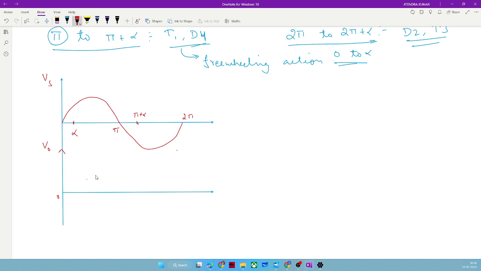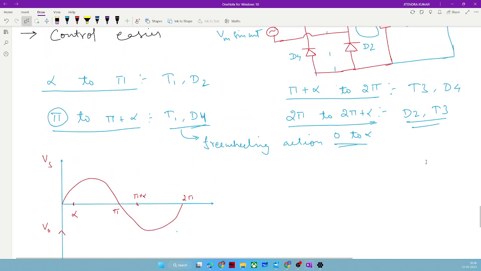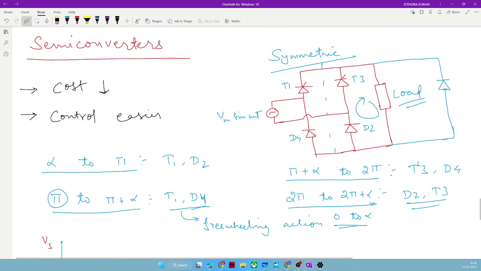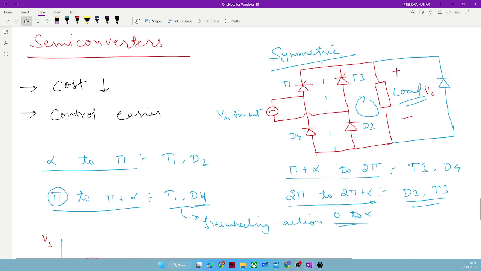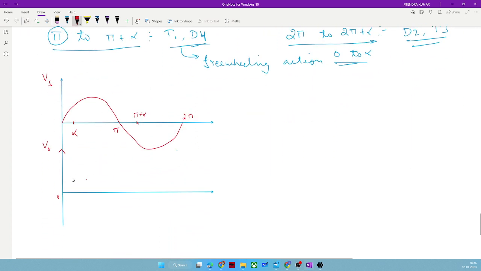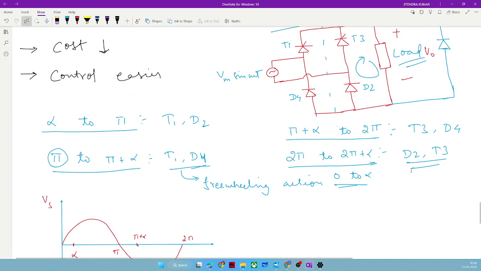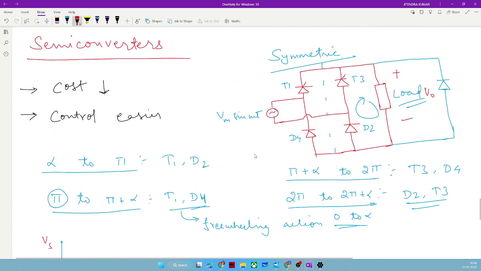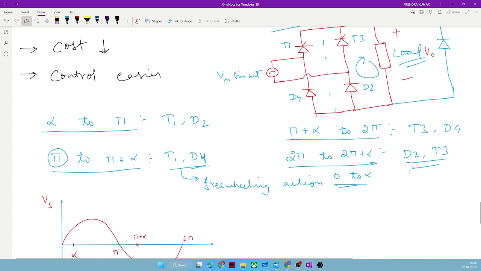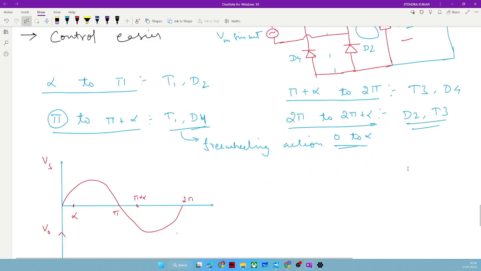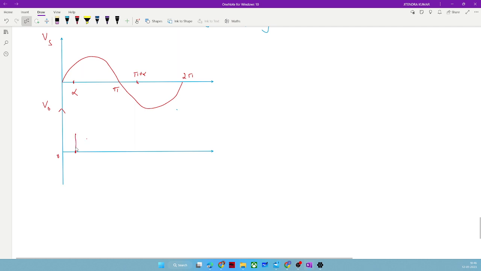For 0 to alpha, D2 T3 was freewheeling, and when they freewheel, it means V naught is equal to 0. They are making a short circuit path, so V naught will be 0 till alpha. And after alpha to pi, the switches are T1 and D2, and they will immediately start following the supply voltage waveform till pi.